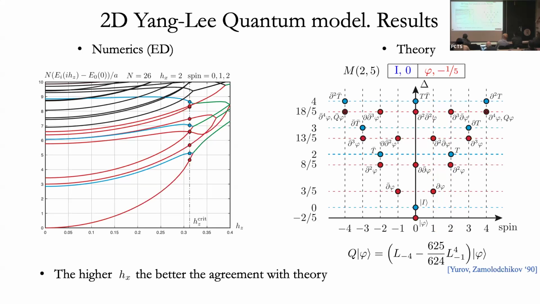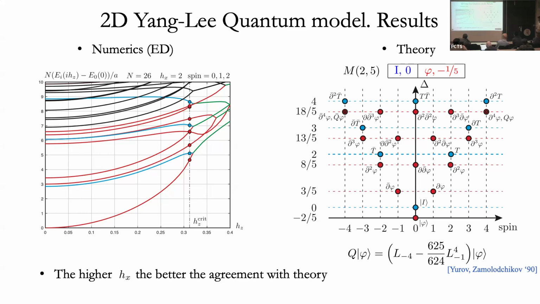What we noticed is that to make the numerics work better, we have to be deep in the paramagnetic phase. If we're close to the Ising model, when hx equals 1, it works much worse. The deeper we go, the better the convergence with CFT.